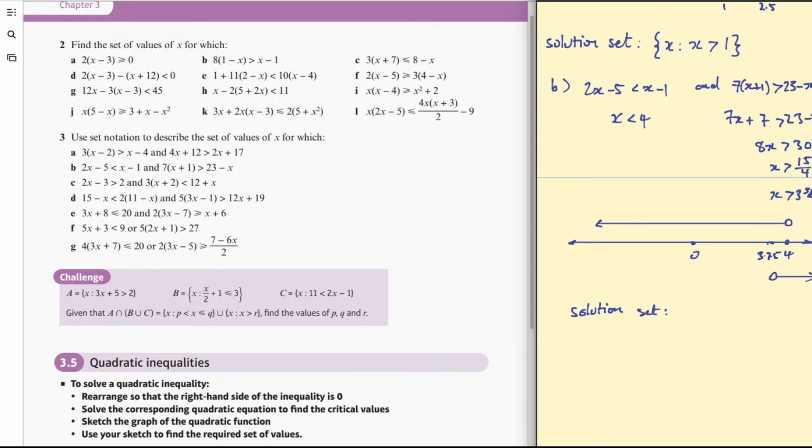Oh, oops. I made a small calculation error there. Apologies for that. This should be 23 subtract 7, not 23 plus 7. So 23 take 7 is 16. So x is greater than 2. Okay.